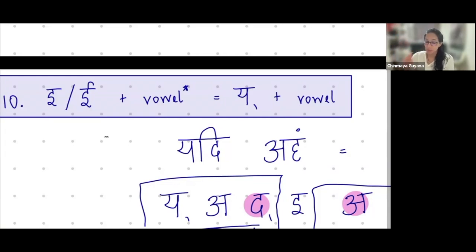So this rule is for all vowels except i or ee. Correct? So please remember when you see the rule, if you have i or ee meeting i or ee, you don't write ya because the rule says i or ee plus vowel equals ya halant plus vowel. Here the rule is any vowel except for i or ee. Okay?